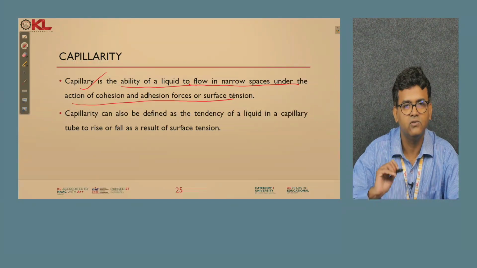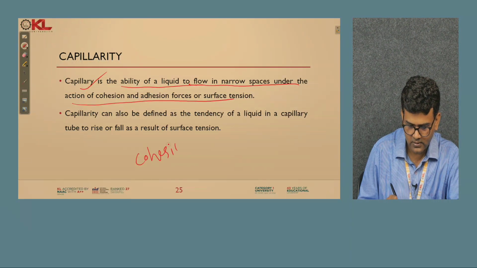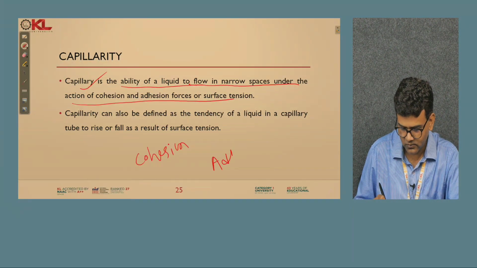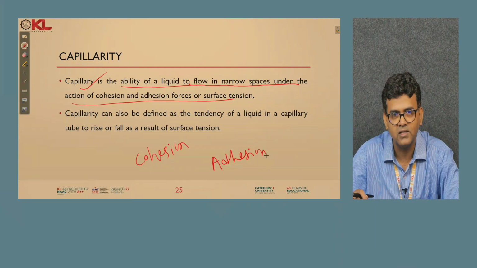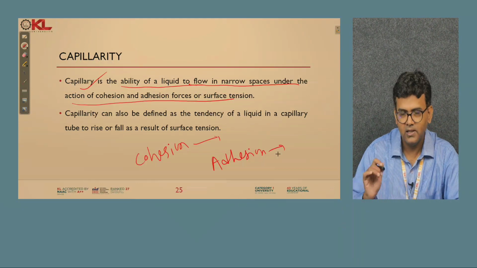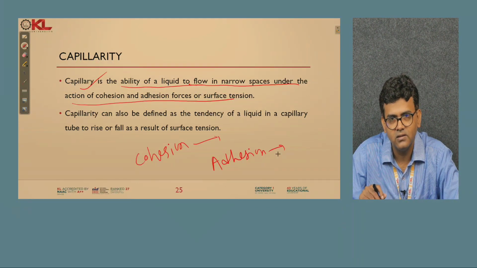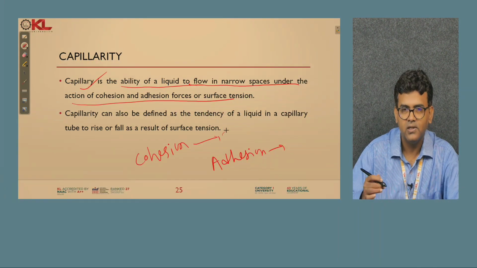So let's define cohesion and adhesion also. What is cohesion? We have mostly already gone through it, hopefully, in the class of 12th. Cohesion is the attraction between similar types of molecules.